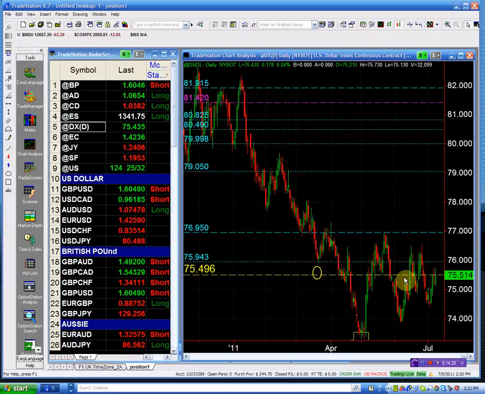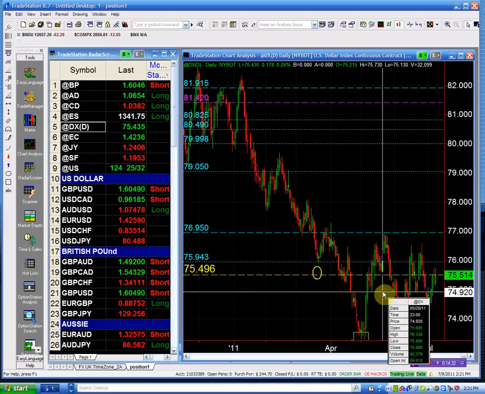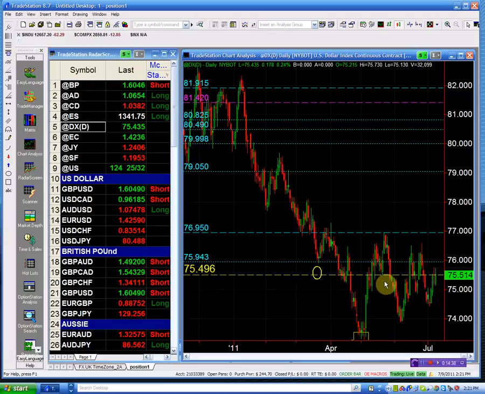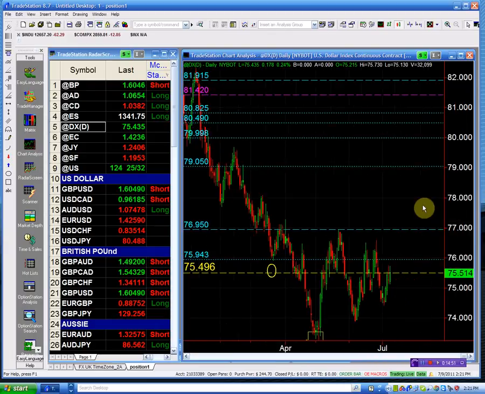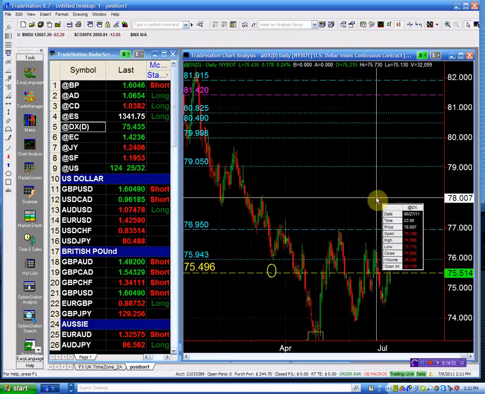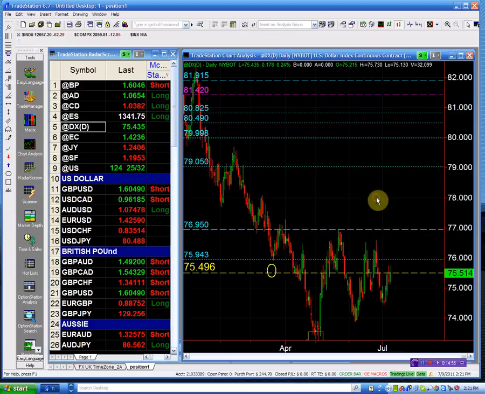So if you take the low, let's say from May the 20th, above the 75.50, you will get a move towards the 76, till around 76.60.